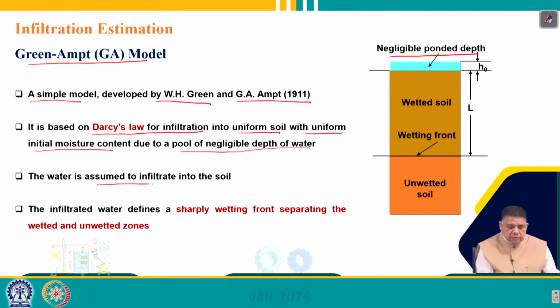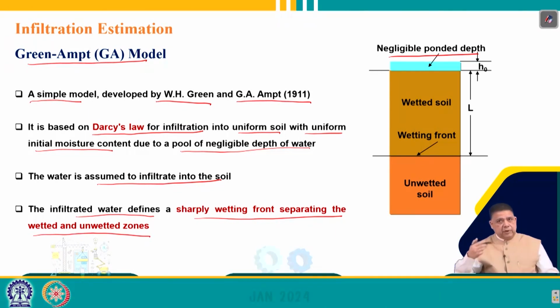Water is assumed to infiltrate into the soil, which is quite obvious, and the infiltrated water defines a sharp wetting front separating the wetted and unwetted zones. As we saw when we discussed the infiltration process, the infiltration will start and the soil will be wetted, because there is a saturated zone, transmission zone and wetting zone.